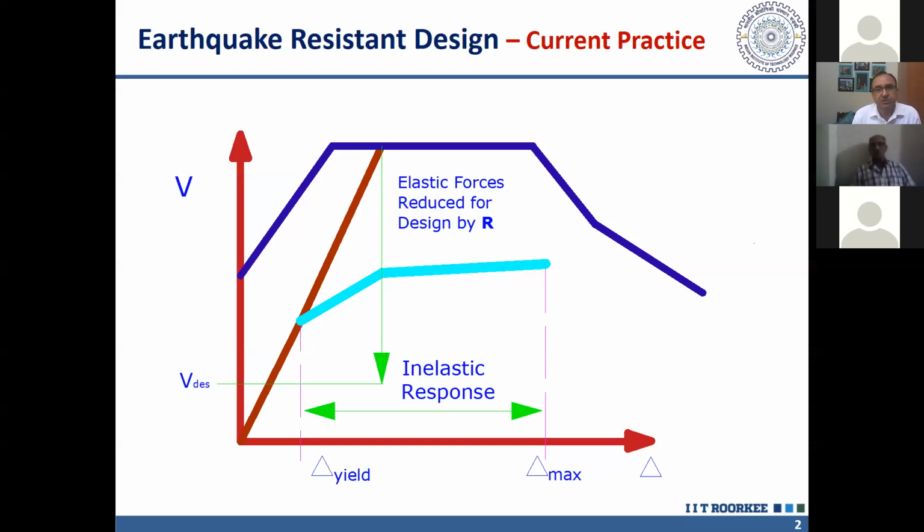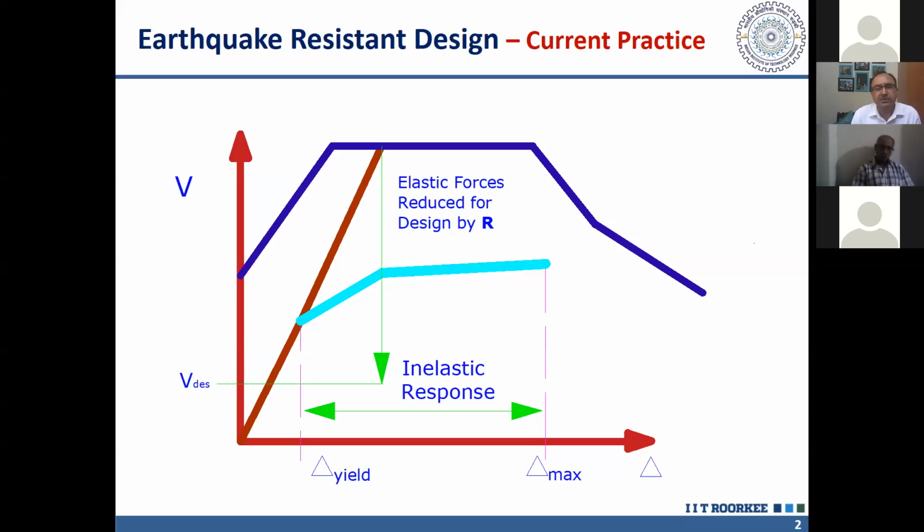So this response reduction factor, this is the key parameter in our design. And our code provides a list of these response reduction factors. You might have wondered where this response reduction factor has come from. This response reduction factor represents the inelastic energy dissipation capacity of the structure.